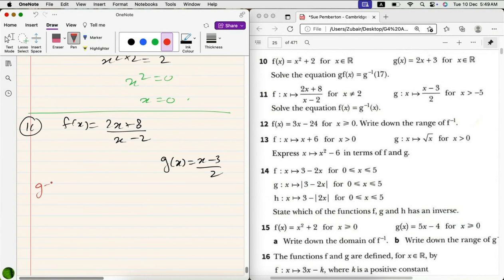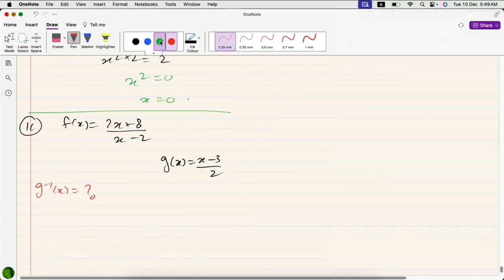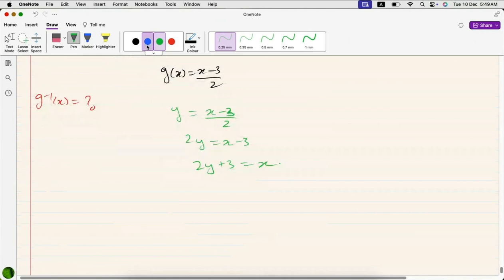So first going for the simplified form for g inverse x. y is equal to x minus 3 by 2. 2y is equal to x minus 3. 2y plus 3 is equal to x. So we can say g inverse x was equal to 2x plus 3.